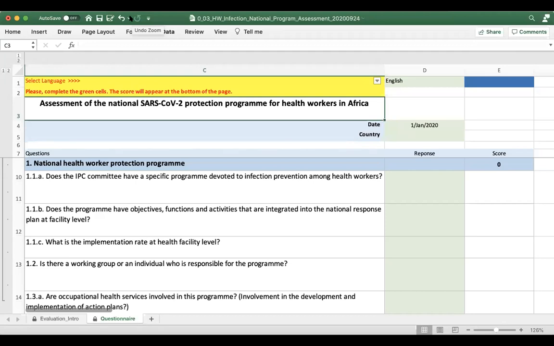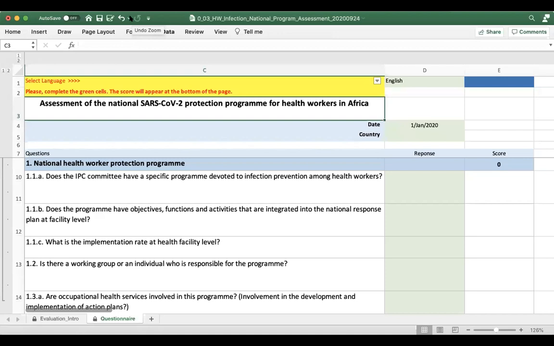Okay, here we go. Let's talk about tool 3. So as Professor Babakar stated, tool 3 is a higher level tool that really is looking at assessing an overall national COVID-19 protection program for healthcare workers. This tool has been created specifically for the contexts that we in Africa are challenged with in terms of our healthcare system delivery platforms.